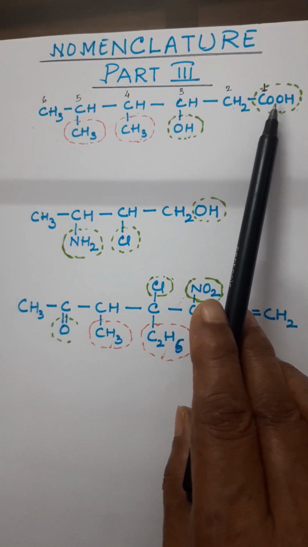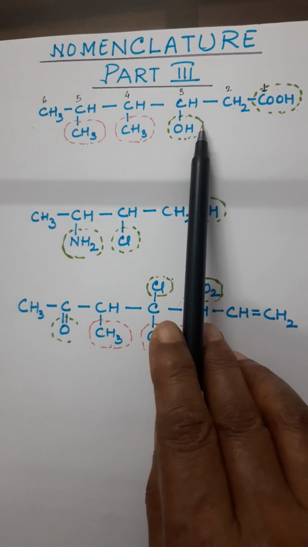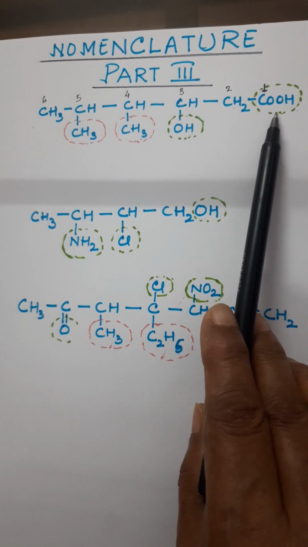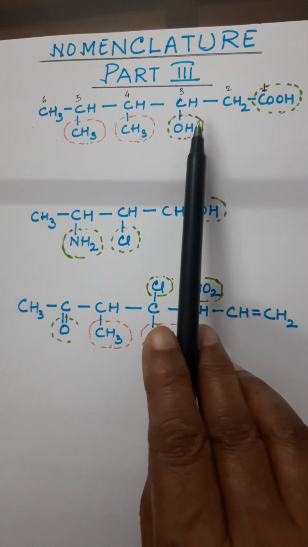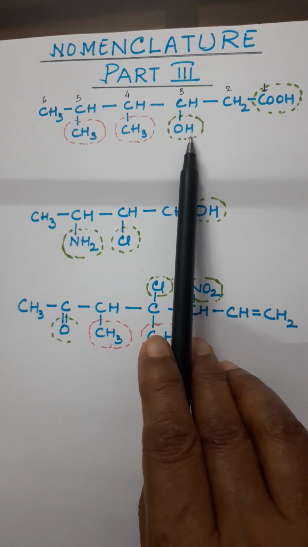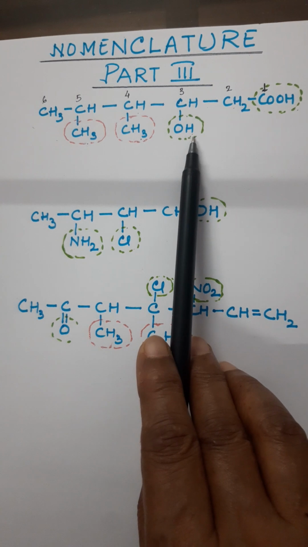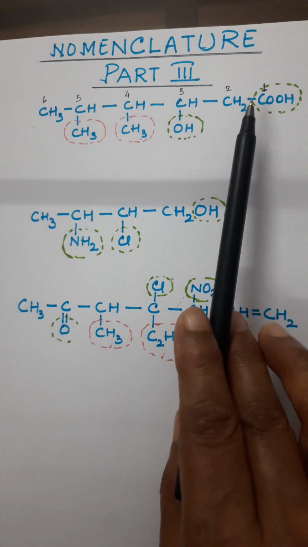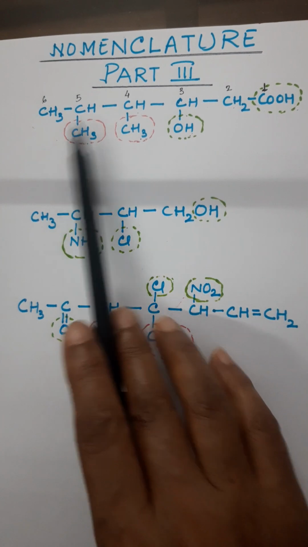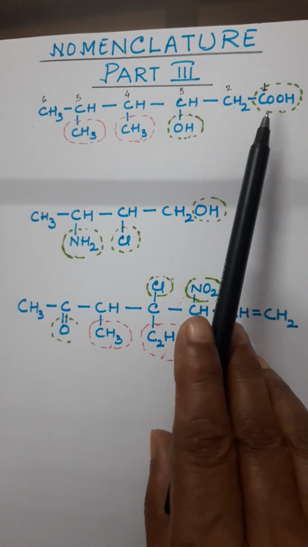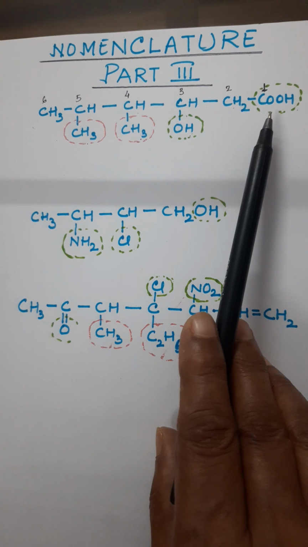Now, as I had talked about in my earlier video, COOH is a functional group of carboxylic acid and OH is a functional group of alcohol. But as I told you earlier, if there are more than one functional groups attached to an alkyl series, then one of the functional groups acts as the primary functional group.